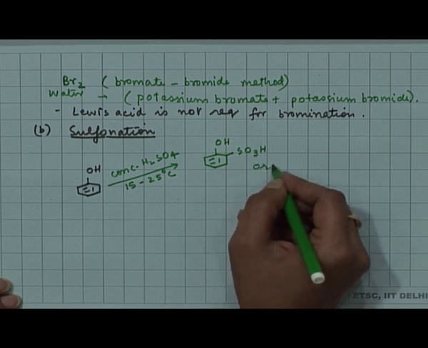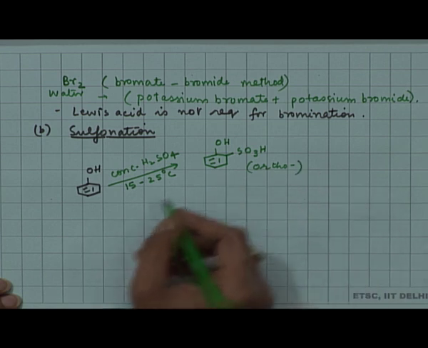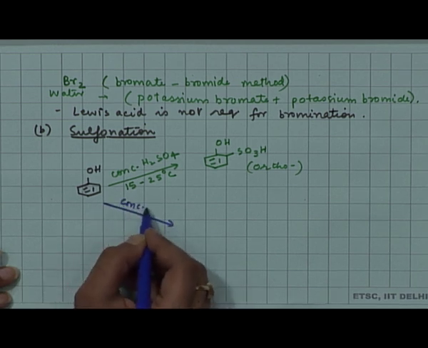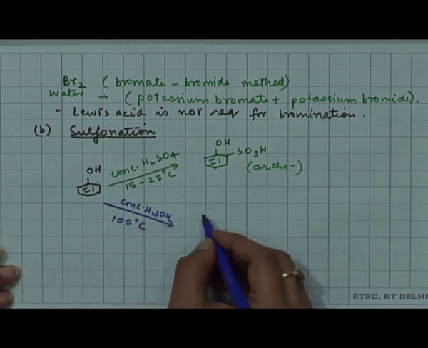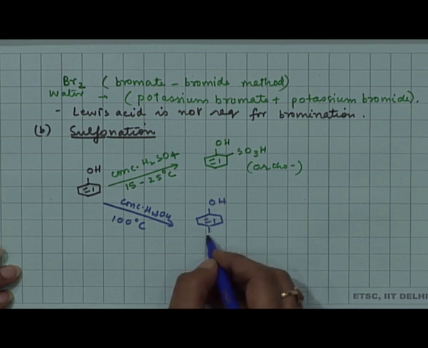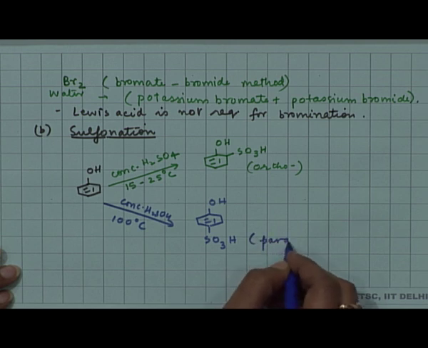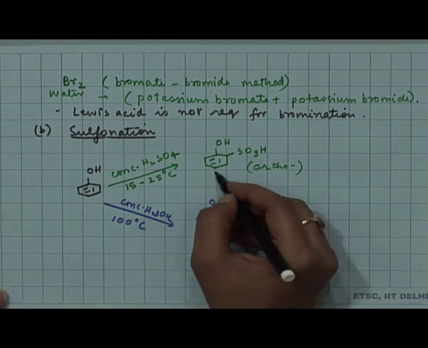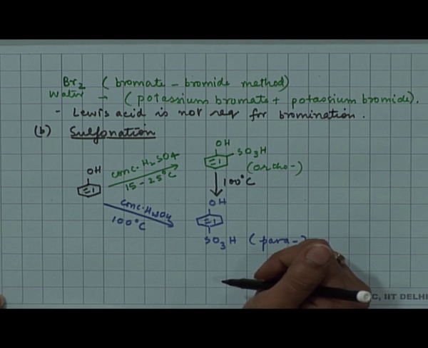You get the ortho substituted phenol, and if the same reaction with concentrated H2SO4 is carried out at 100 degrees centigrade, we get the para substituted phenol. So, in this case we get the para isomer, and if you heat the ortho isomer at 100 degrees centigrade, it gets converted to the para isomer.